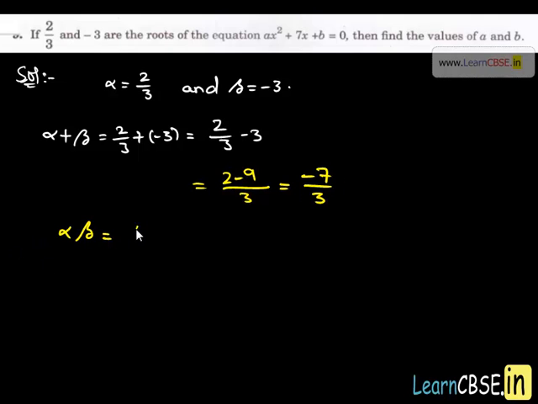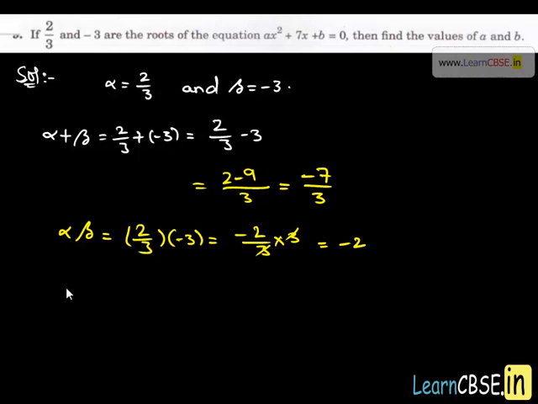Similarly, the product of the roots is equal to 2/3 times -3, which is equal to -2/3 times 3. The 3 in the numerator and denominator get cancelled out. We have the product of the roots as -2.